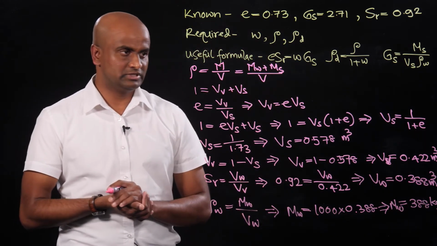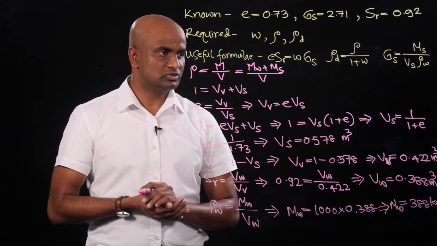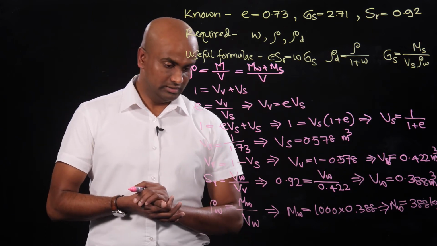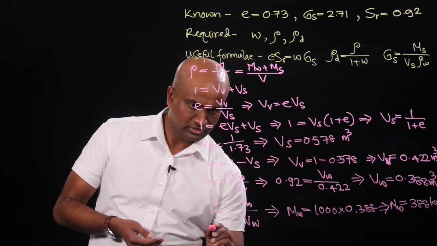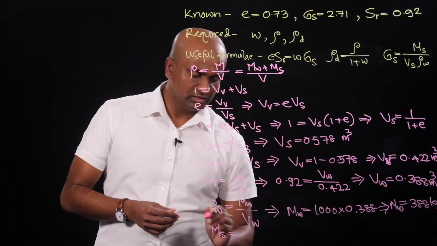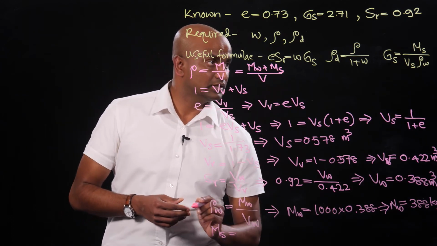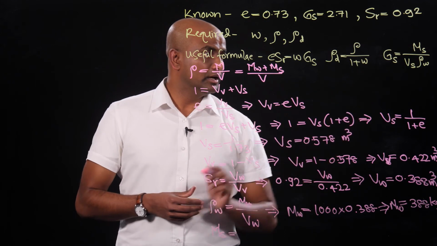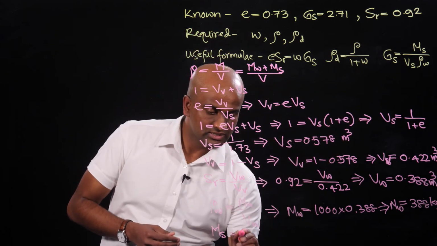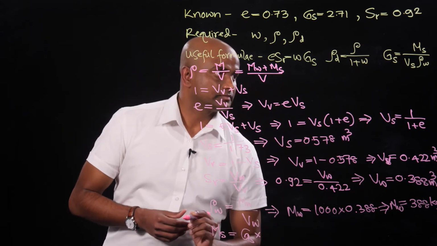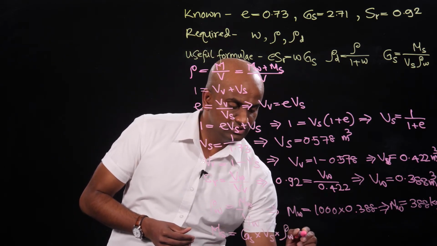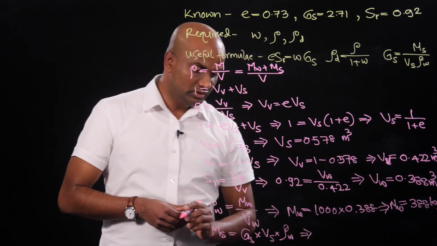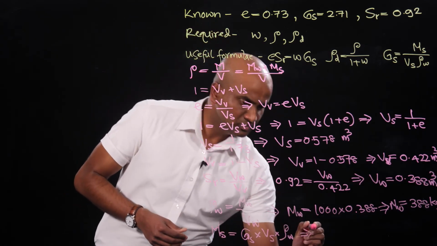And then once we have determined the mass of water, we also need to determine the mass of solid. To calculate the mass of solid, we can simply use the relationship of GS. From the GS relationship we can calculate the mass of solid. That will be GS times Vs times rho W, density of water. So we know all the values to calculate the MS from this equation.